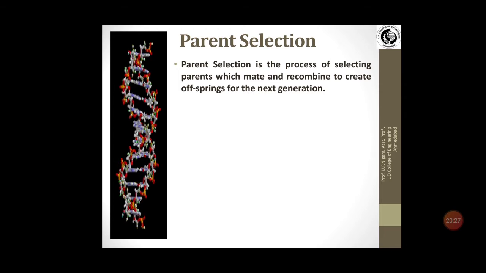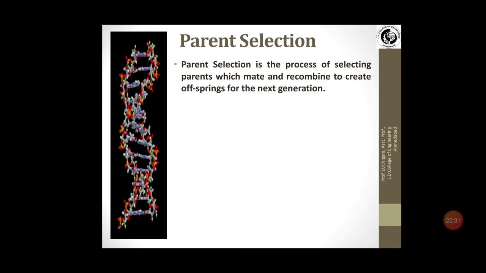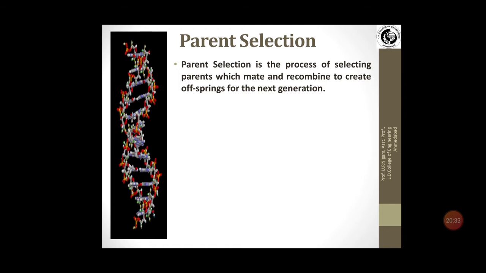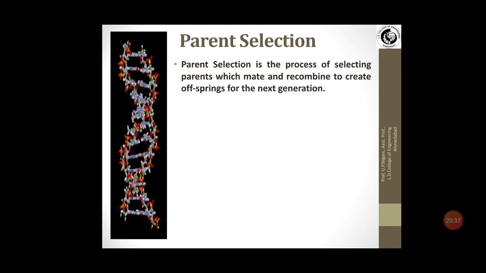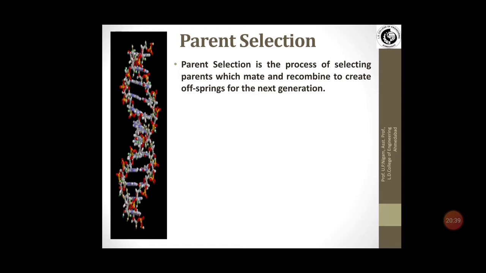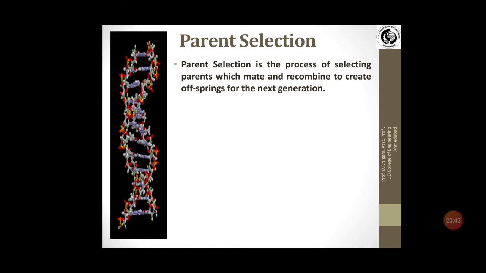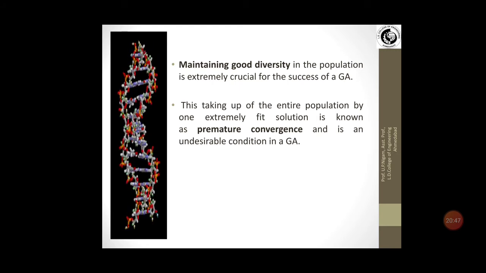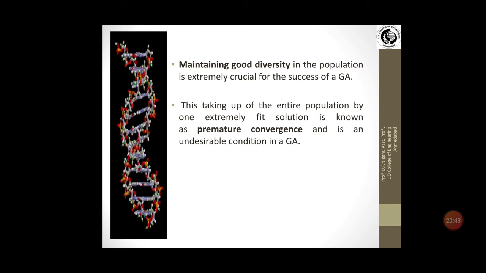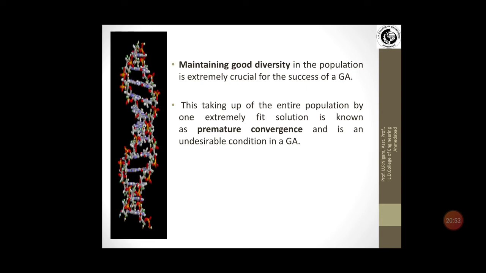And we are going through the genetic algorithm operators as well. Parent selection is the process of selecting the parents which will mate and recombine to create the offsprings for the next generation. It is one of the important things, because we have to select good quality parents, then they will produce good quality offsprings. Maintaining good diversity in the population is extremely crucial for the success of the genetic algorithm.